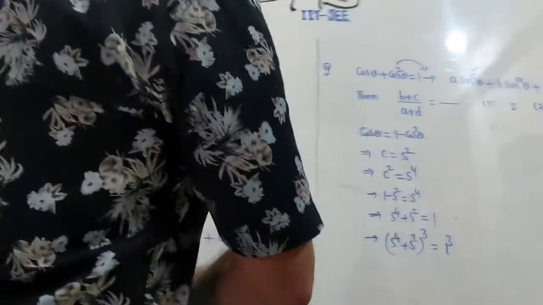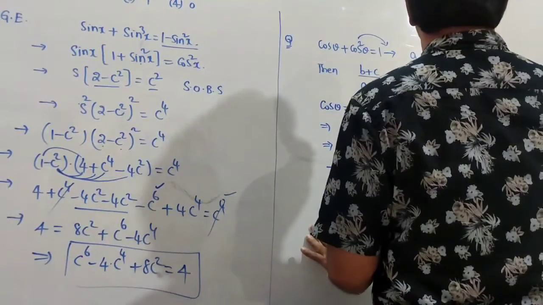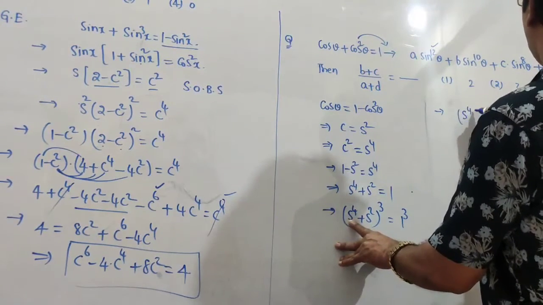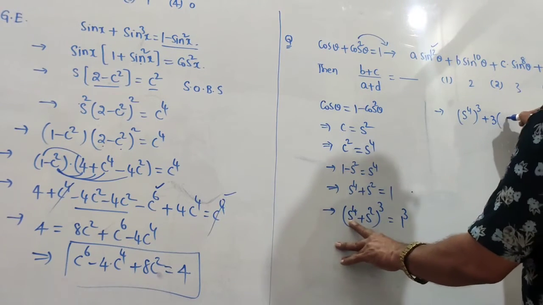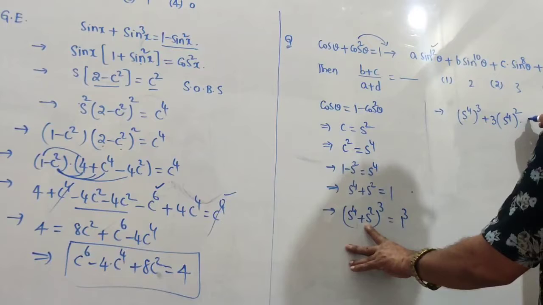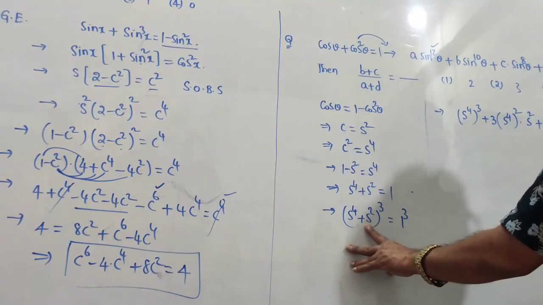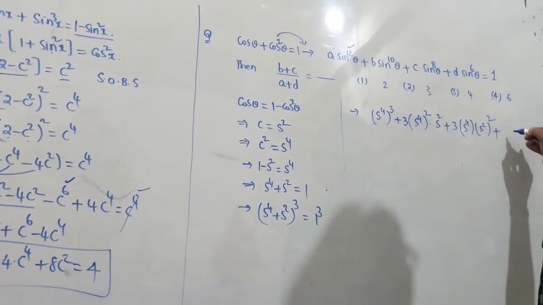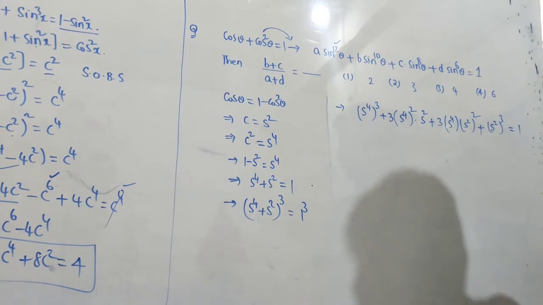You come here, so that implies a cubed, which means sine to the power of 4 whole cubed, plus 3 a square b, which means sine square, next 3 a b square plus b cubed, that is equal to 1 cubed, 1.